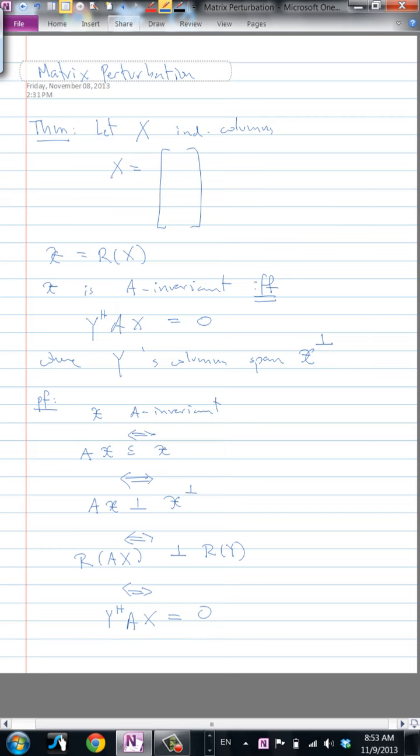Now, an immediate consequence of this is the following. Suppose X is A invariant, and let's let X1 be an orthonormal basis for this A invariant space X. And let's complete it to an orthonormal basis for the entire space by Y2.